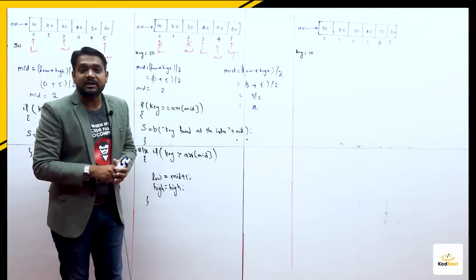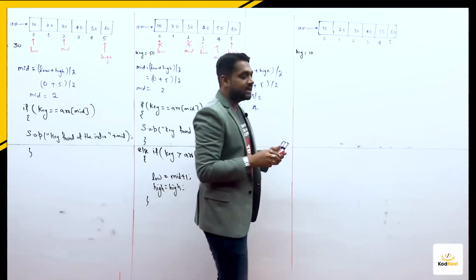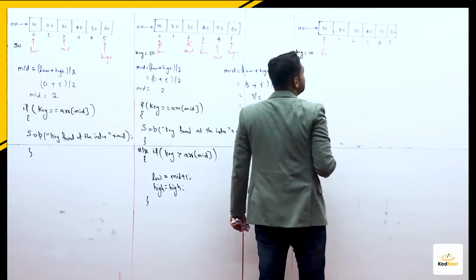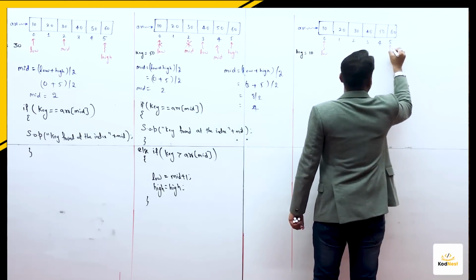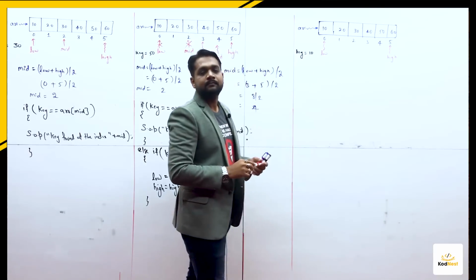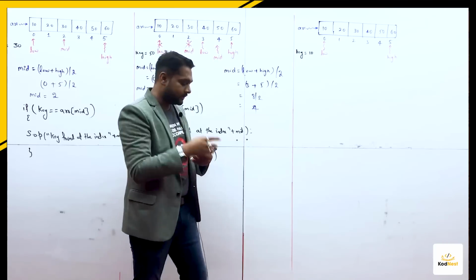What we have to do initially in binary search? By now this should have come to your mind properly. Initially, low should be pointing to 0th index. High should be pointing to the last index. That is what you have to do. Next what? Once low and high is fixed, you have to calculate mid.